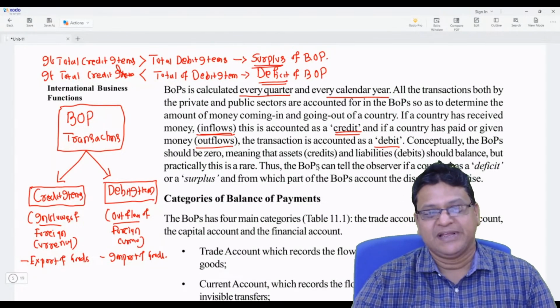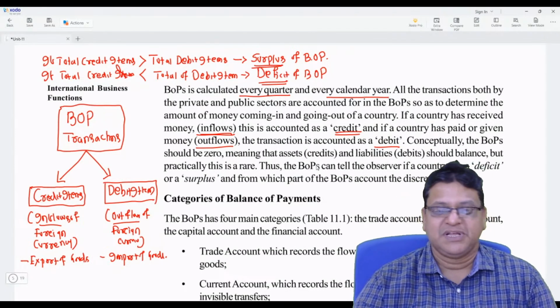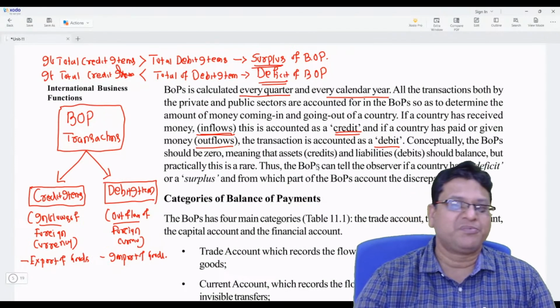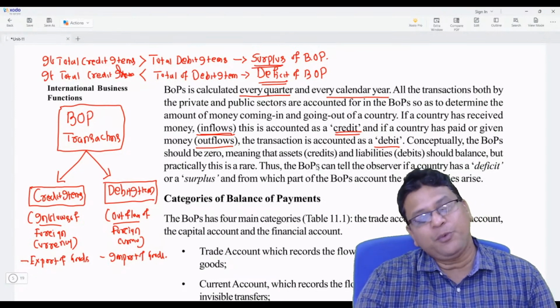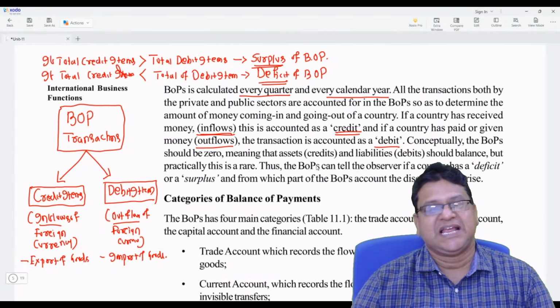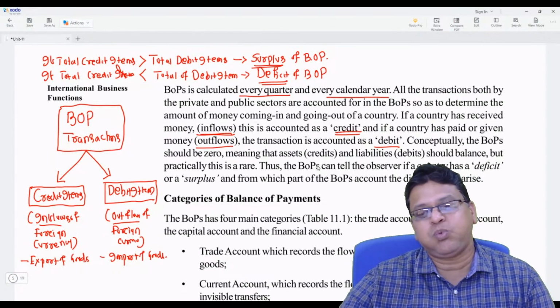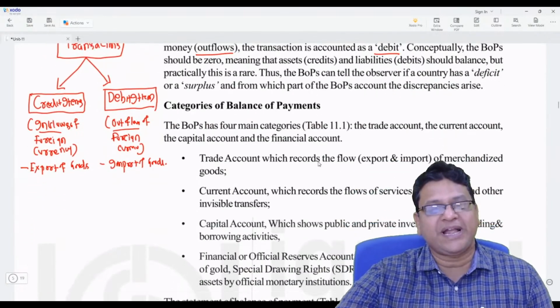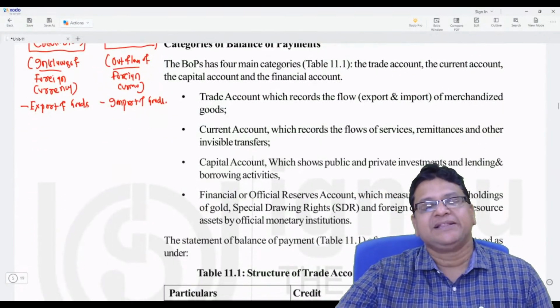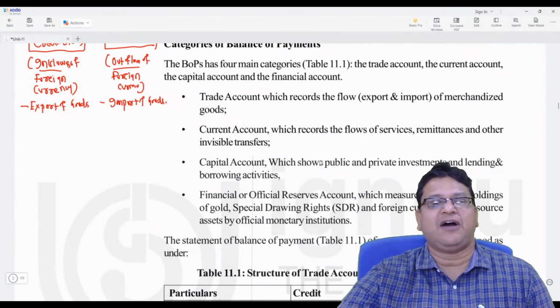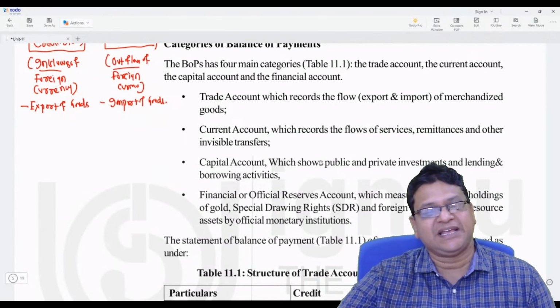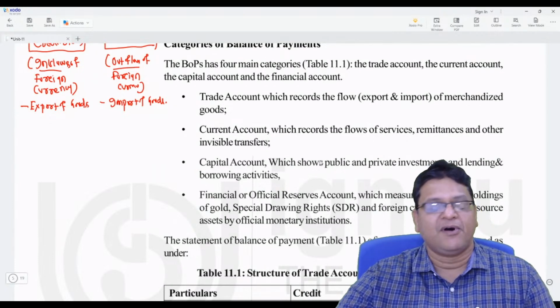So there can be debit items and credit items, and there can be BOP surplus or BOP deficit. The BOP surplus or deficits are categorized in 4 headings. In 4 headings, we classify the inflows and outflows. In each of these headings, there can be surplus or deficit.